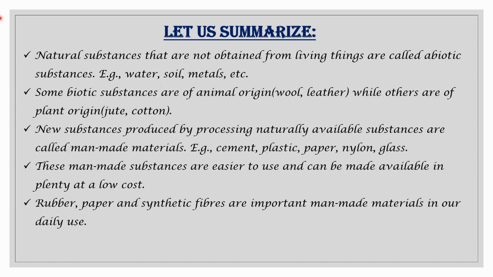Natural substances that are not obtained from living things are called abiotic substances, example, water, soil, metals, etc. Some biotic substances are of animal origin, example wool, leather, while others are of plant origin, example jute, cotton. New substances produced by processing naturally available substances are called man-made materials. For example, cement, plastic, paper, nylon, glass, etc.